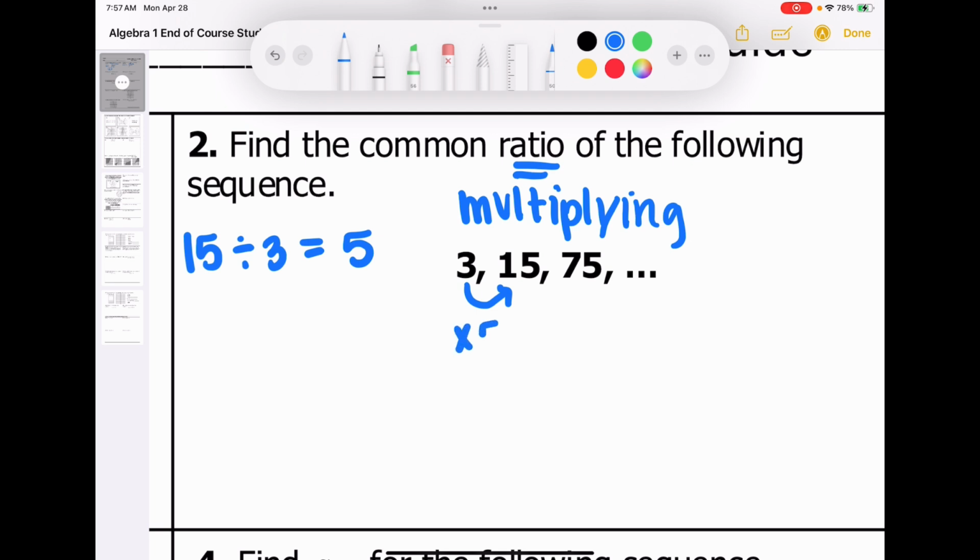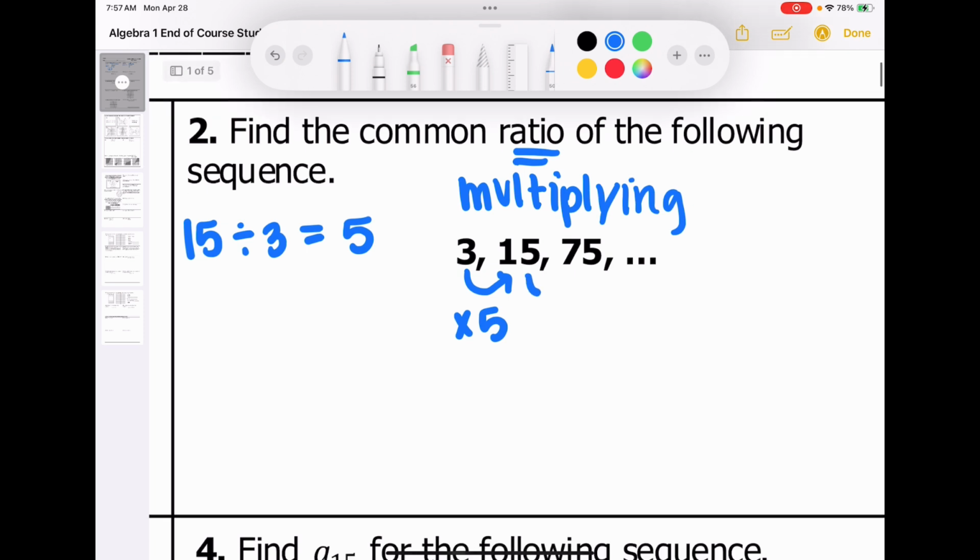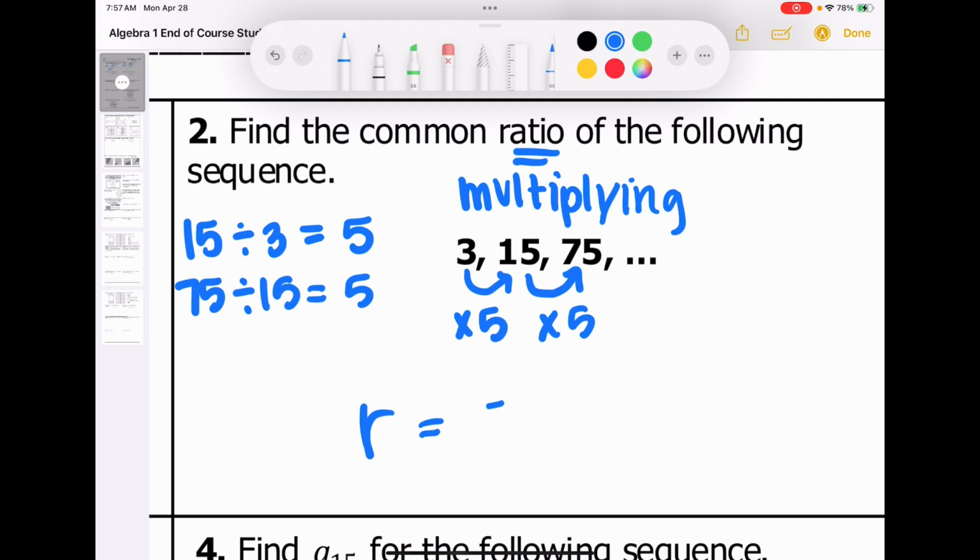So that means I'm multiplying by 5 here. But just like last time, we have to check it and make sure that the next term is also multiplying by 5. So I'm going to do 75 divided by 15, which will give me 5. So that means our common ratio is going to be a positive 5.